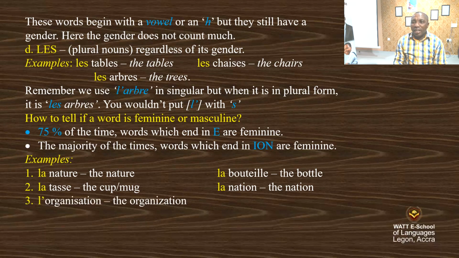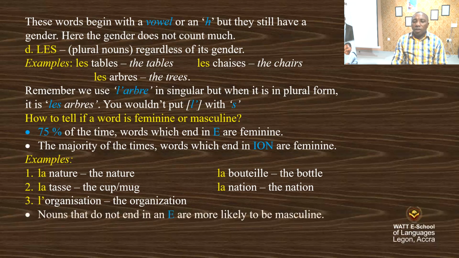You can see here that organisation begins with a vowel and ends in I-O-N. Per the rule that we just read, this word is a feminine one. But with la nation, la tasse, you can see clearly that they are feminine. So if a word begins with l'apostrophe and it ends in I-O-N, it means that word is feminine. That's what you should note here.